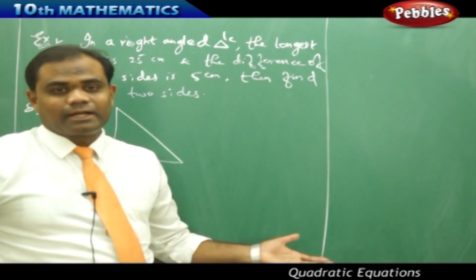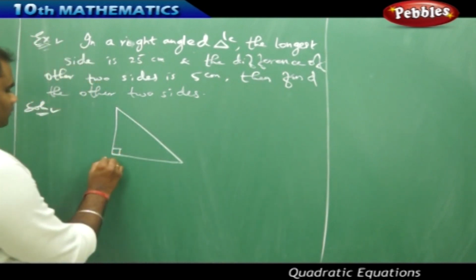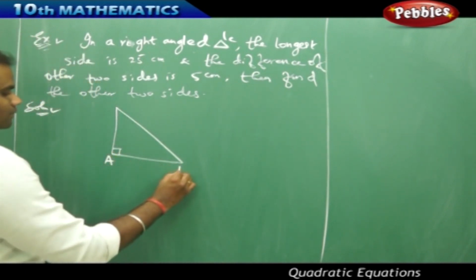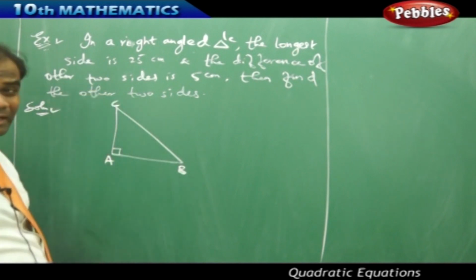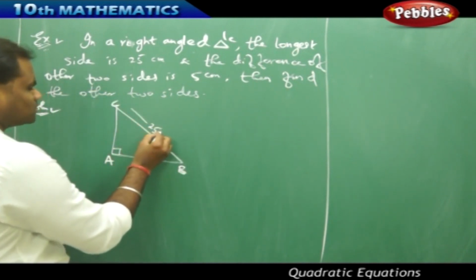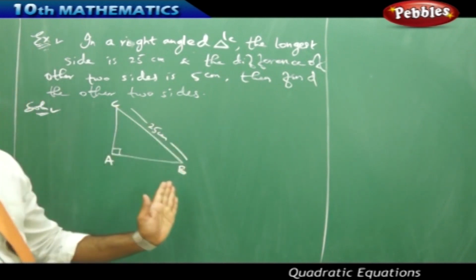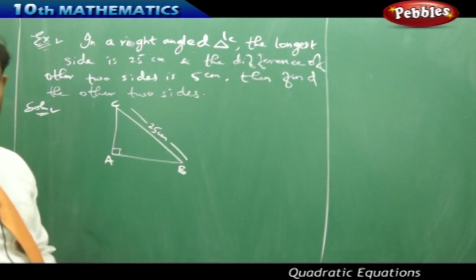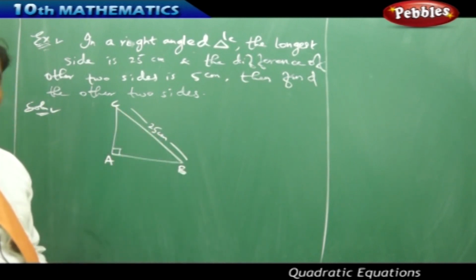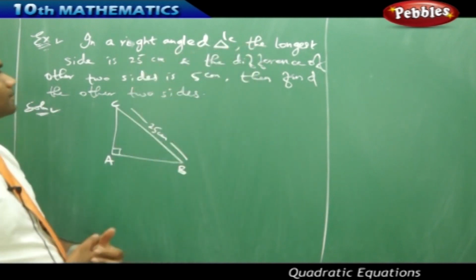Obviously in a right angled triangle, the hypotenuse is the longest side. Therefore, if I take the triangle as ABC, the hypotenuse, the side opposite to 90 degrees, BC, is 25 centimeters.